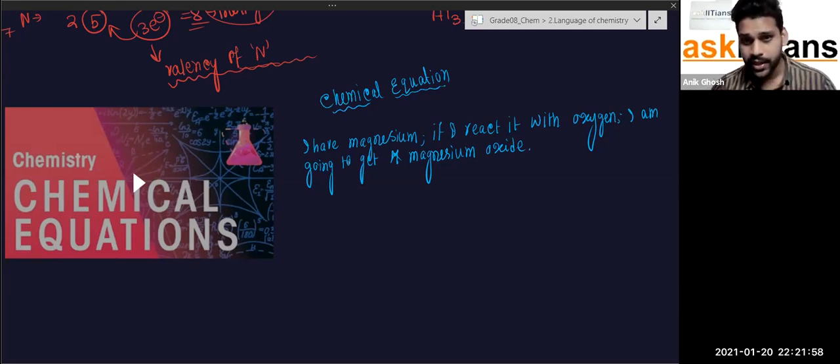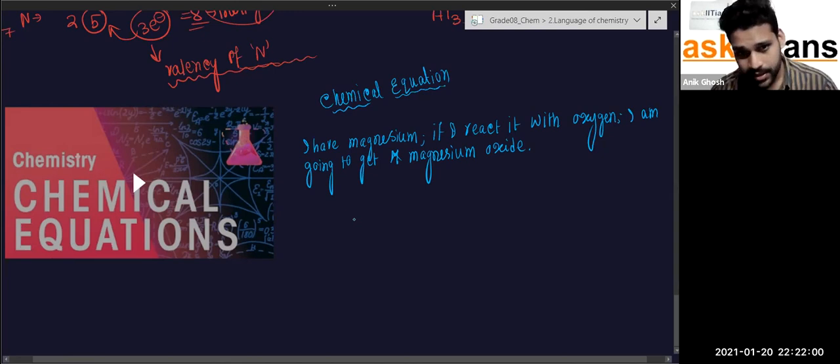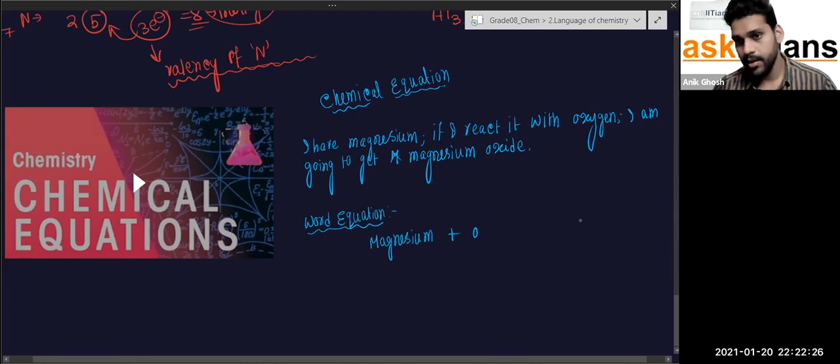So the first thing is, if I write the entire reaction like this, we call it a word equation. Magnesium plus oxygen gives us magnesium oxide.